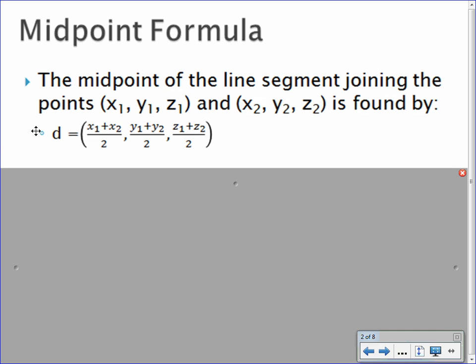Okay, so much like the distance formula, the midpoint formula doesn't really look much different. There's just these in there. Okay?